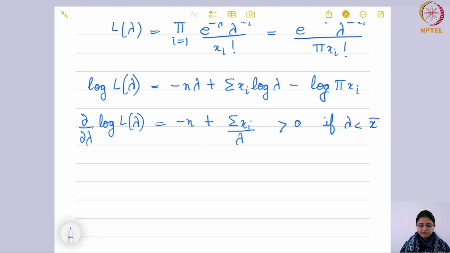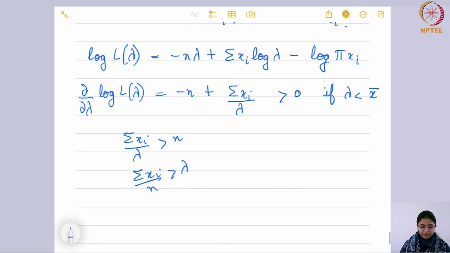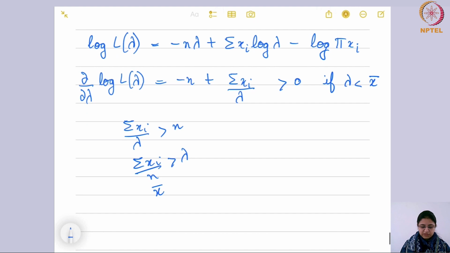Because summation xi by lambda is greater than n, it basically means that summation xi by n is greater than lambda, which is the sample mean x bar being greater than lambda.